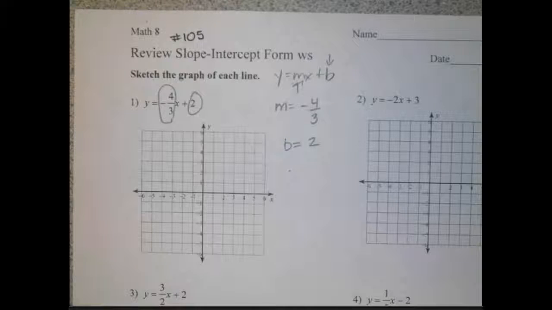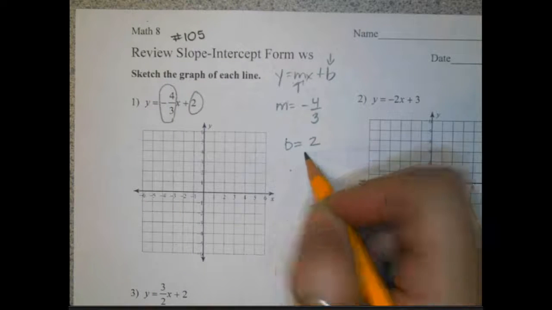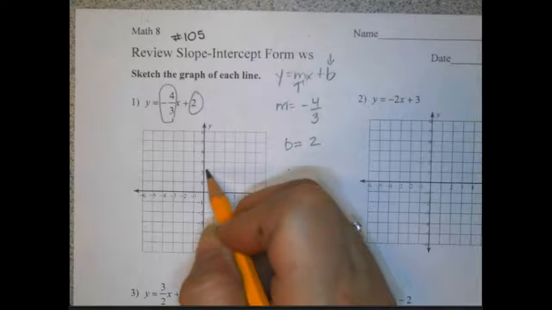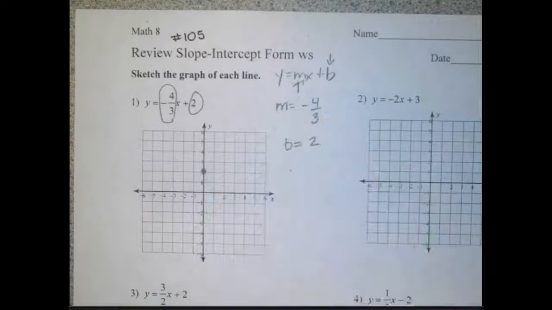Positive 2. Does anybody think it's anything different? Okay, because 2 is my y. So this tells me where it crosses my y-axis. This is my starting point. I find 2 on the y-axis, and that's my starting point.